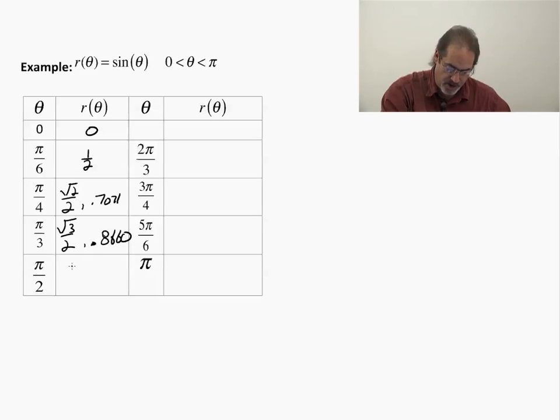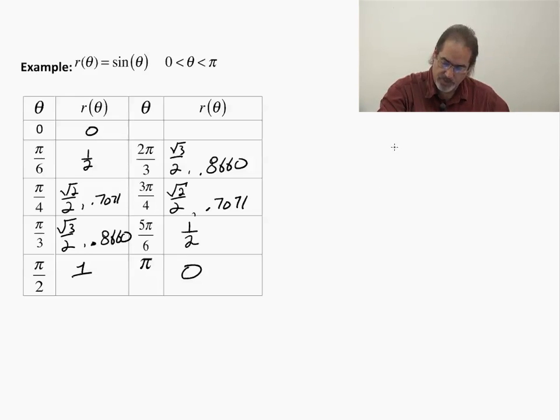Of course, sine of pi over 2 is 1. Sine of 2 pi over 3 is root 3 over 2, which again is about 0.8660. Sine of 3 pi over 4 is going to be root 2 over 2, which is again approximately 0.7071. Sine of 5 pi over 6 is a half, and sine of pi is 0.